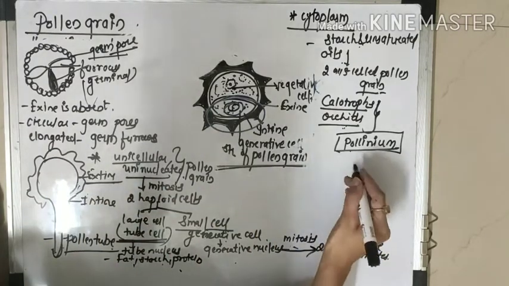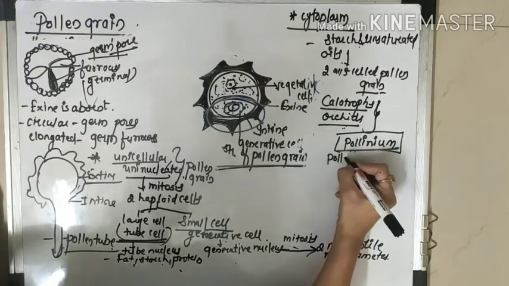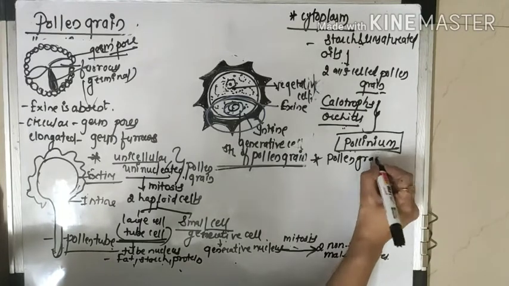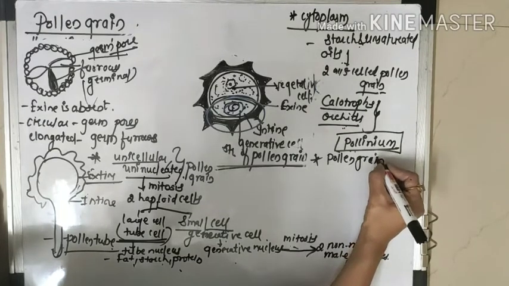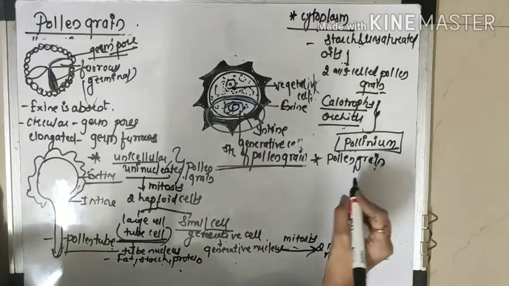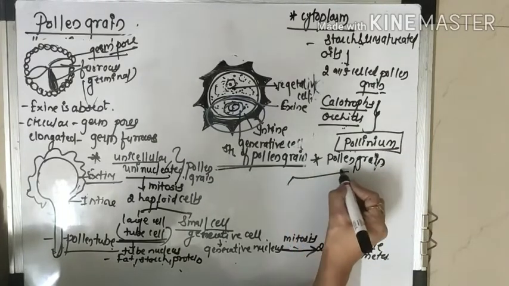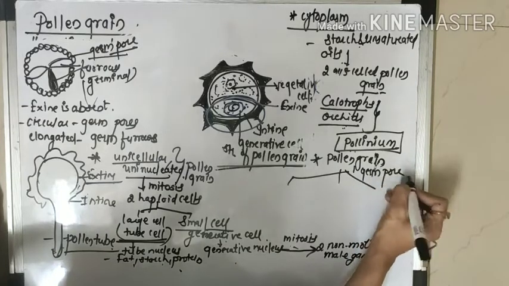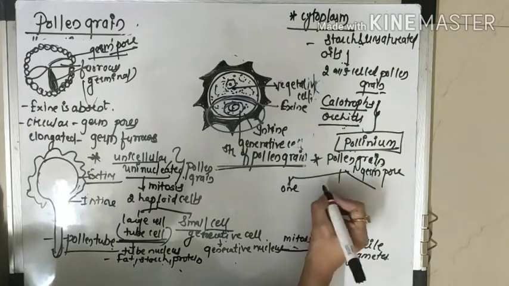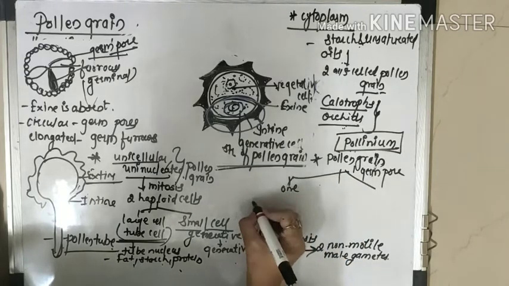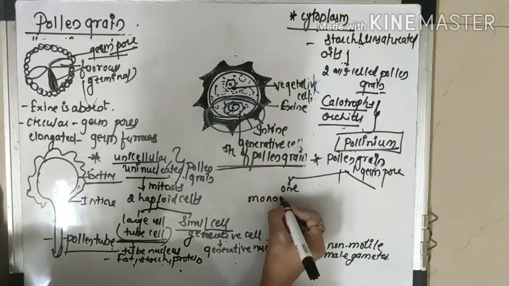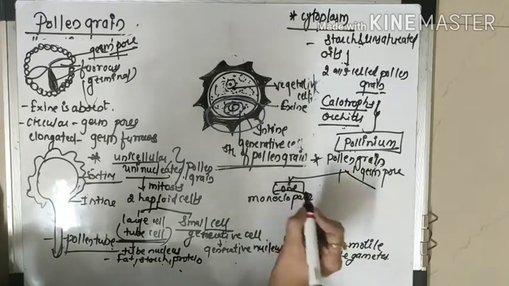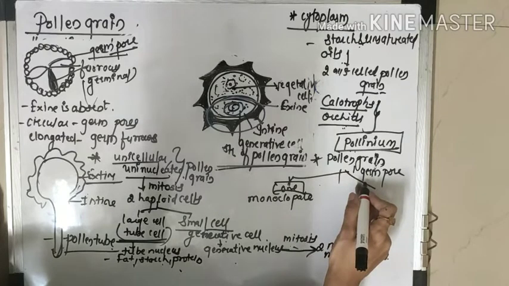Now the next point: pollen grains can be divided on the basis of germ pores. If it has one germ pore, then it's called monocolpate.